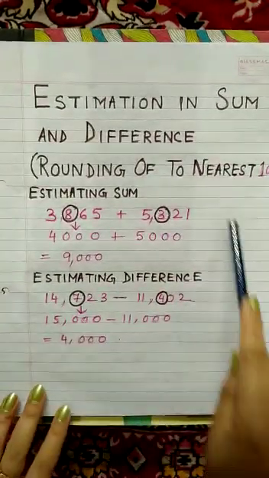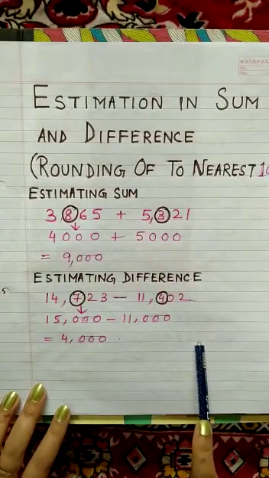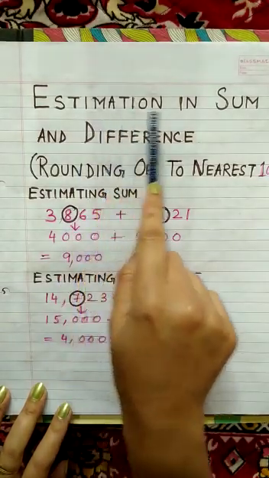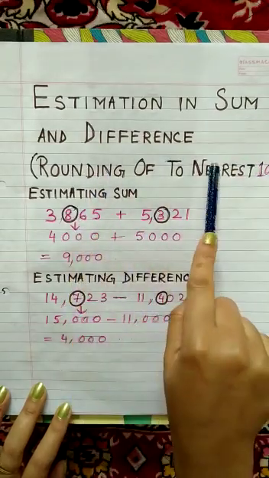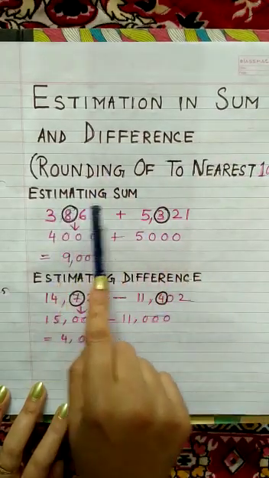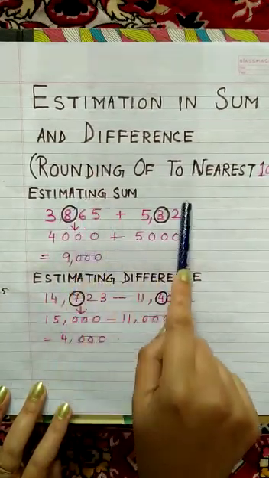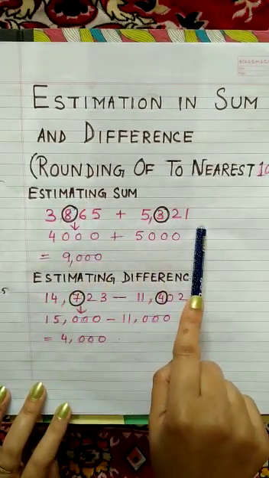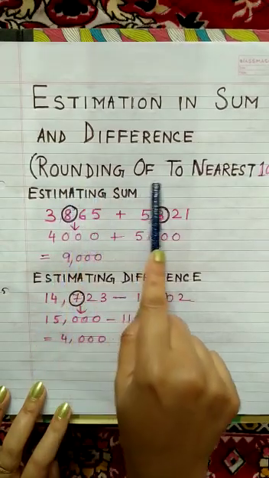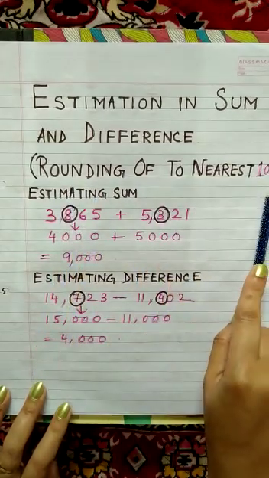Now, this part of the video is specially for class 5. How do we do estimation in sum and difference? Estimating sum. First we round off the addends. Here we have rounding off to the nearest 1000.